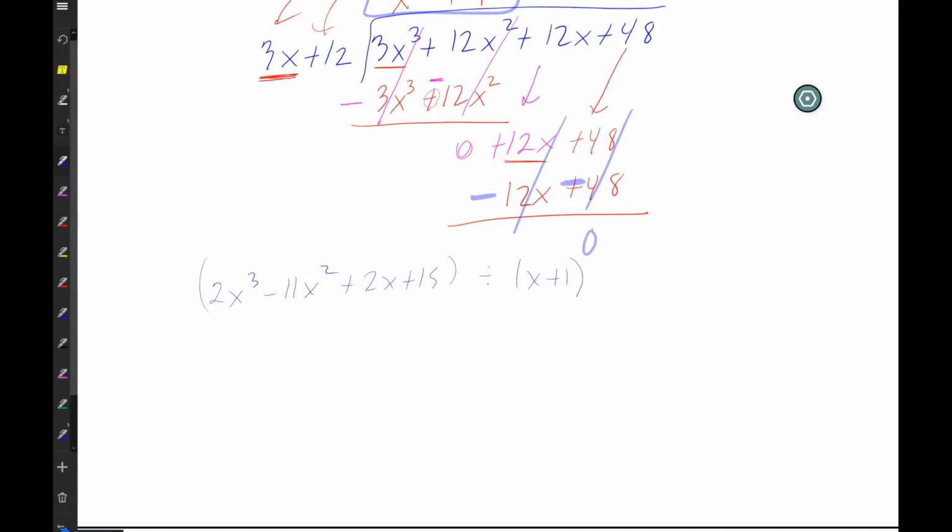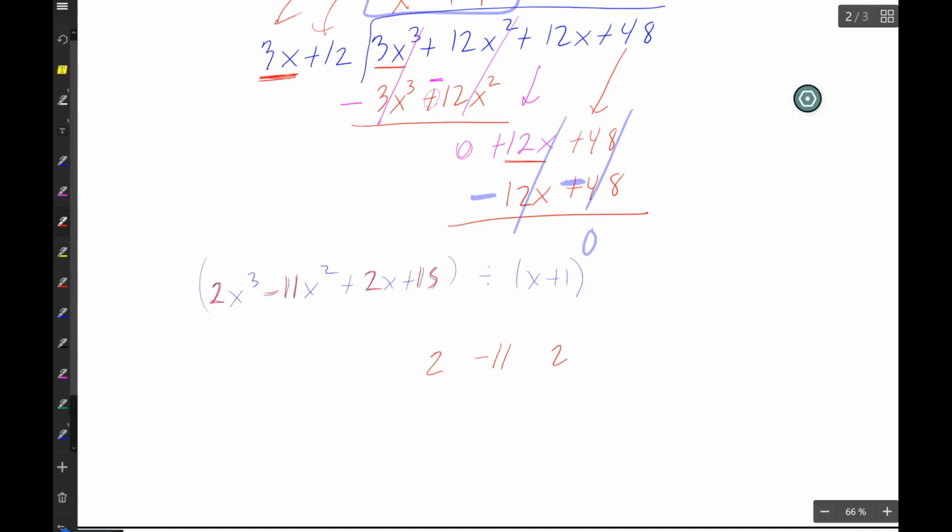Yeah, a line. What do you put in a line? Yeah, the 2, the negative 11, the 2, and the 15. So we put those in a line, exactly like you said.